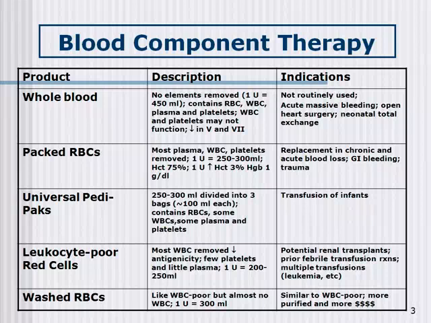Universal PD packs are essentially the same as packed red cells. They do contain some white blood cells, some plasma, and some platelets. But generally, these are the products that are used for transfusion in infants.